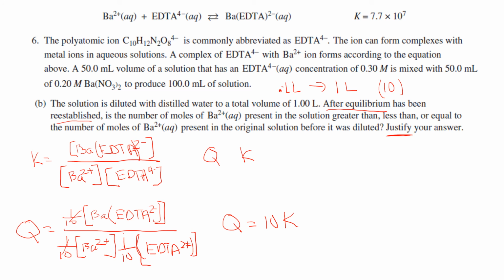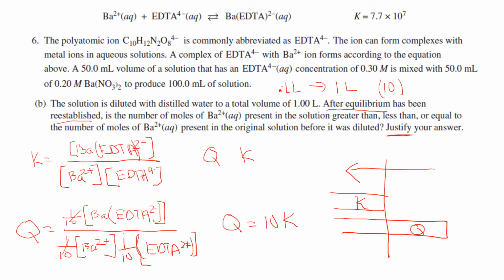So here's my K, and my Q is going to be much bigger than my K value. Since Q is much greater than K, I'm going to shift to get back to equilibrium.